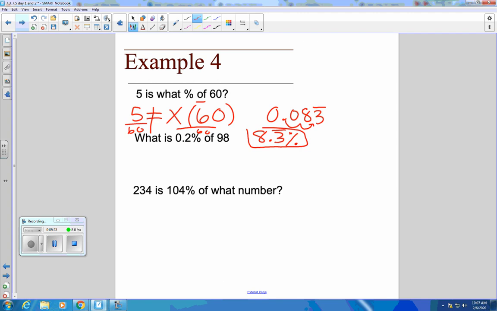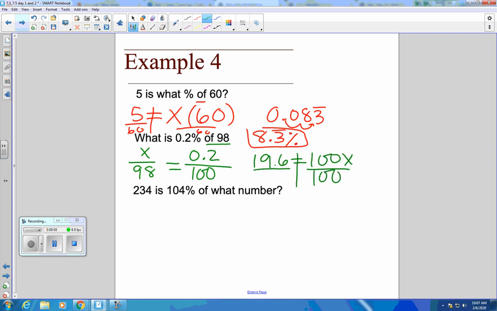Number 2, it says, what is 0.2% of 98? So you could use either equation. I'm going to use a percent proportion. So I know that it's 0.2 over 100, percent over 100, equals, we're trying to find the part. We know our whole is 98. So now I'm going to cross multiply. I'm going to take 98 times 0.2, and I get 19.6 equals 100 times x.